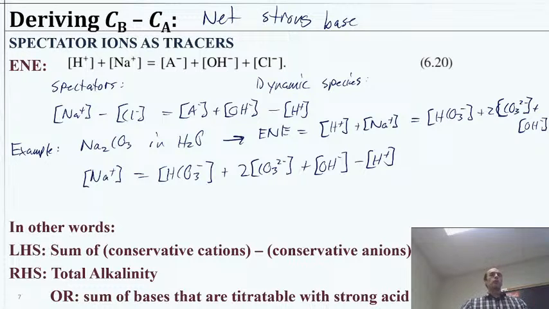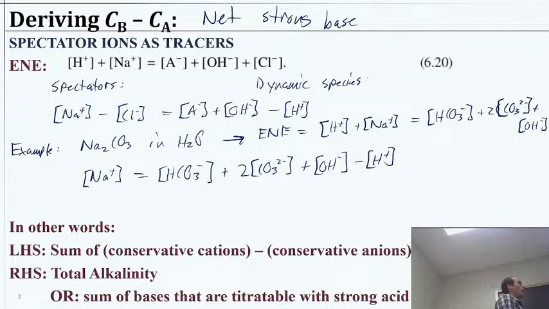So from the electroneutrality equation, we could just rearrange and isolate the net strong base, right? If we added other stuff into this equation, if we added some acid, we could certainly subtract the Cl or some other species here. We could add sulfuric acid and then we'd have a sulfate on the left.